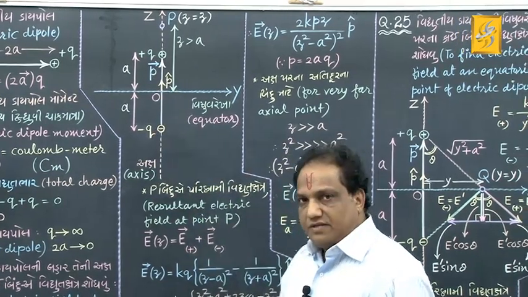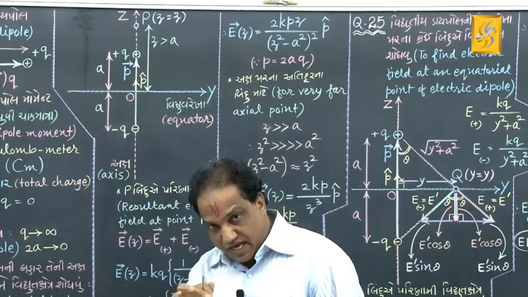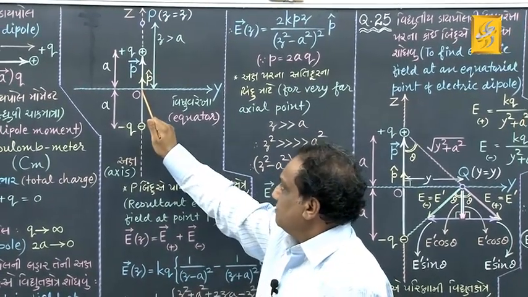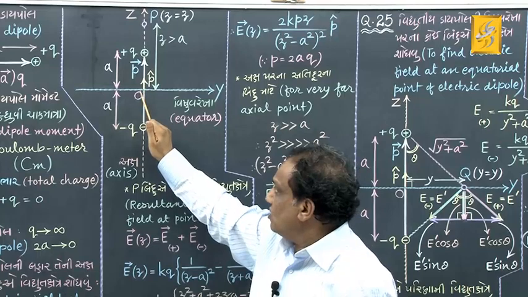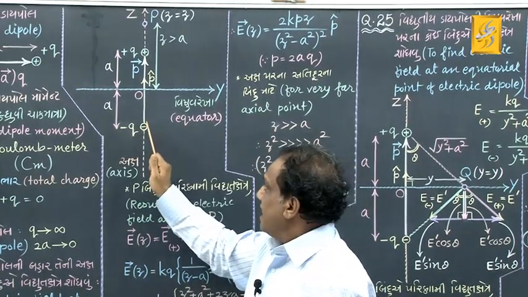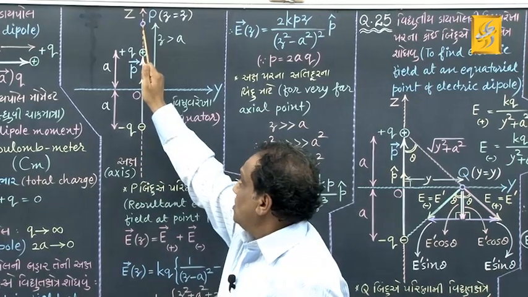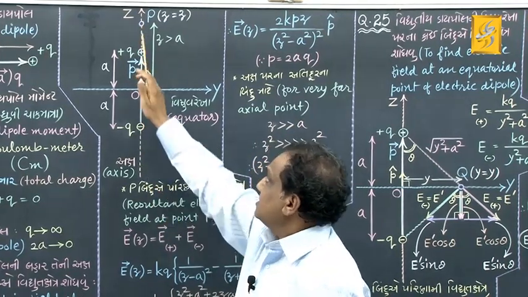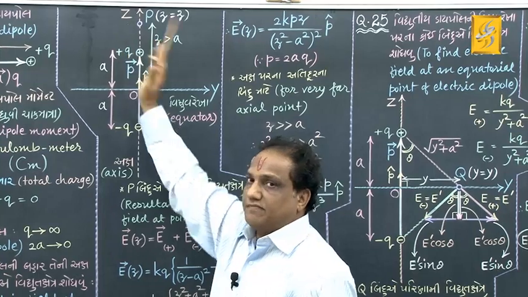In the figure, this dipole is shown such that its midpoint coincides with the origin of the coordinate system and the axis of this dipole coincides with the z axis.